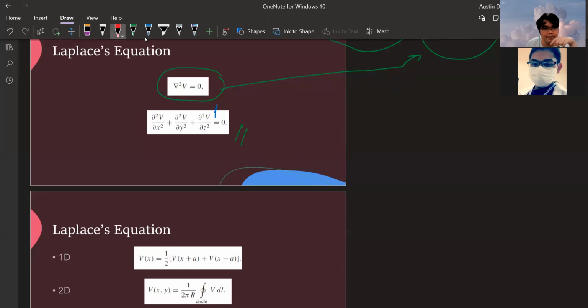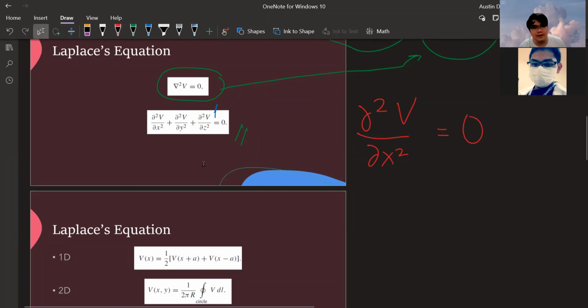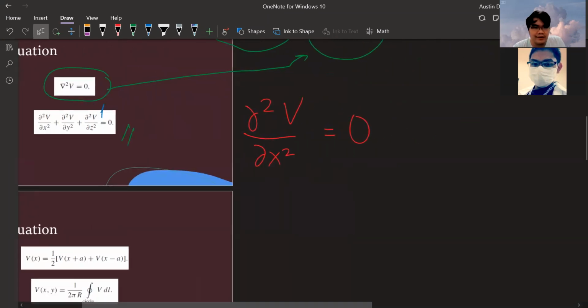Let's look at the one-dimensional case. Suppose your equation depends only on x, so we have this equal to 0. This is fairly easy to solve, and the solution is trivial, hopefully trivial for you guys.